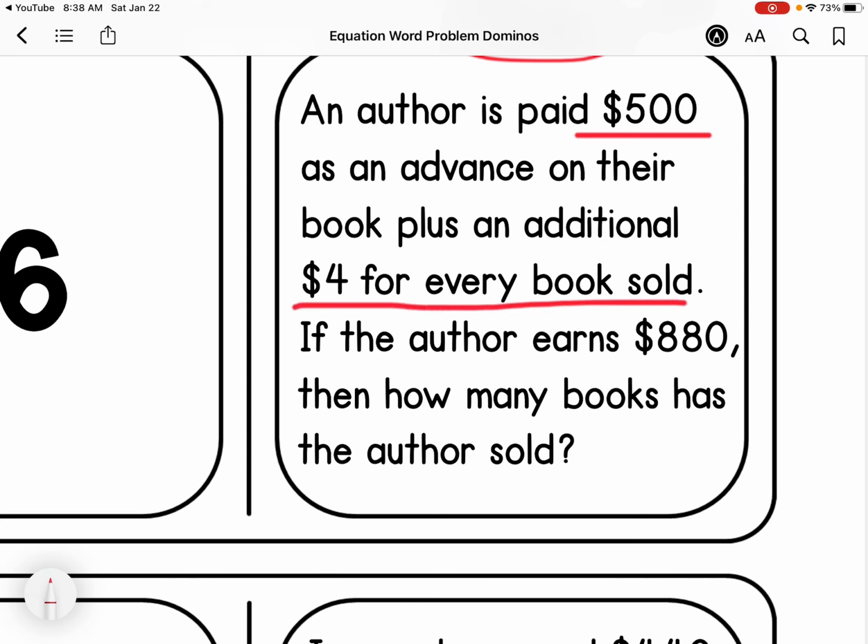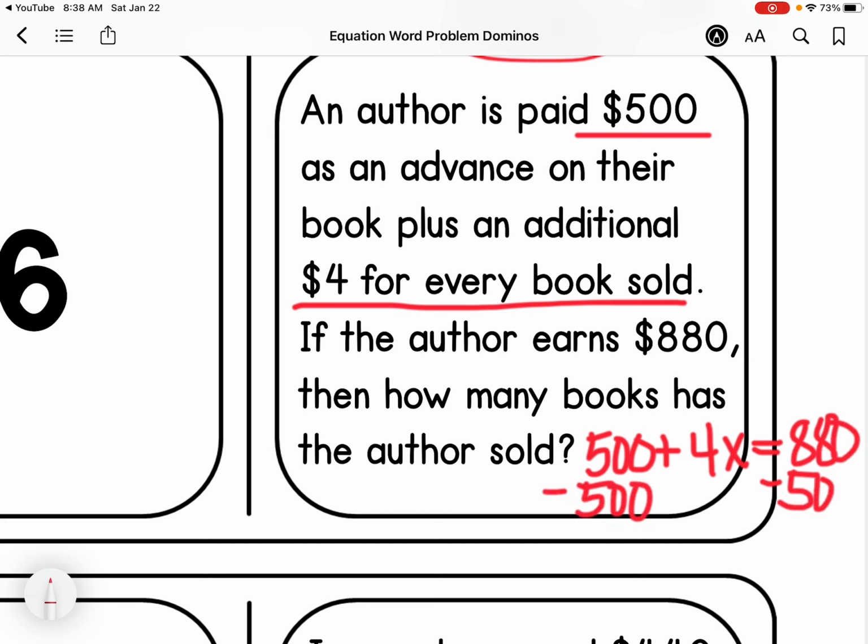The author paid $500 in advance for their book, plus an additional $4 for every book sold. So they're paid $500 in advance plus $4 for each book sold. If the author earns $880, then how many books has the author sold? So they get $500 up front plus 4 times the number of books sold, and that gets me $880. So I'm going to subtract off the $500 that I get automatically, even if I don't sell a single book, and I divide by 4x.